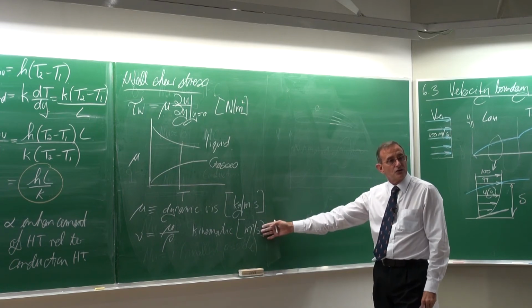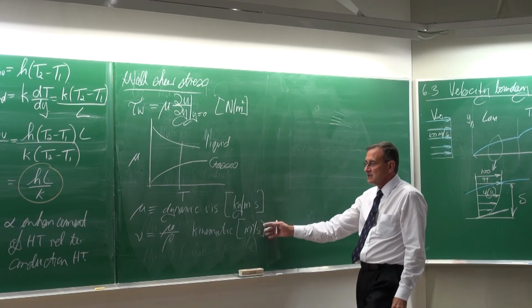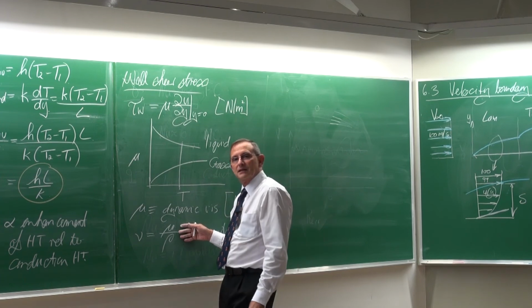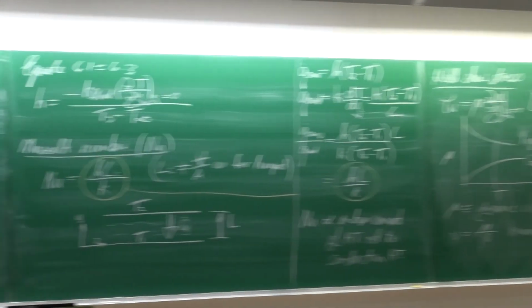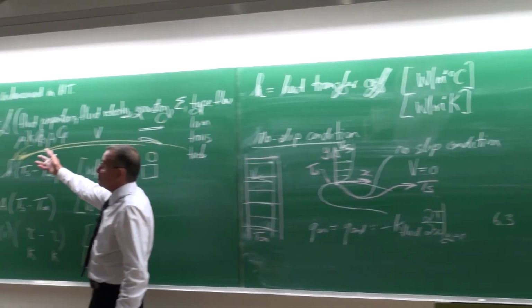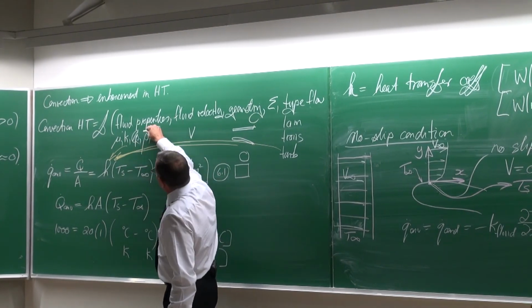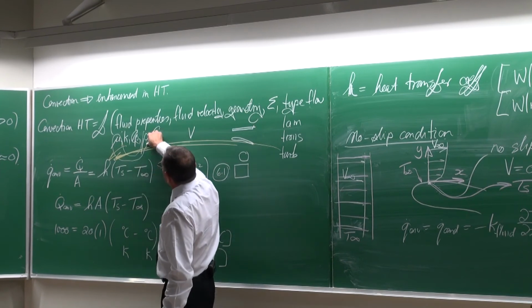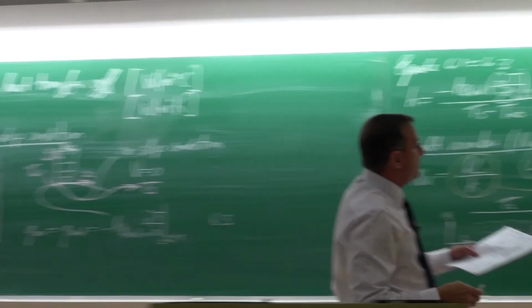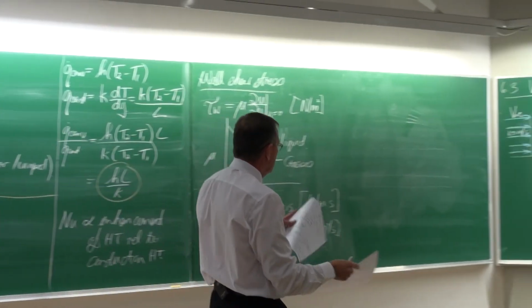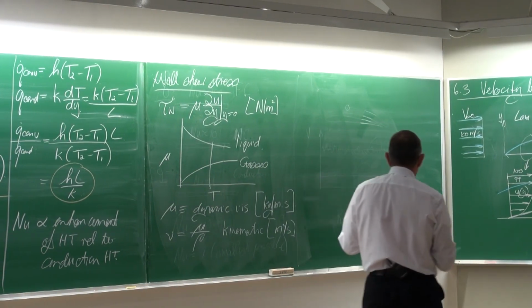The kinematic viscosity, why do we use it in many cases? Because it takes two of the properties. If we go and look at the heat transfer coefficient, which is a function of properties, it will take these two properties in one. So that is the advantage of using the kinematic viscosity. So that is why we're going to use it in some cases.